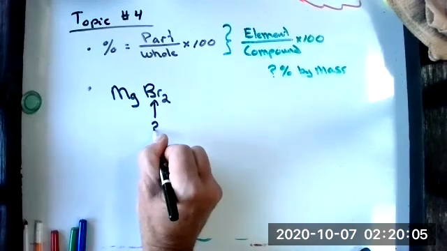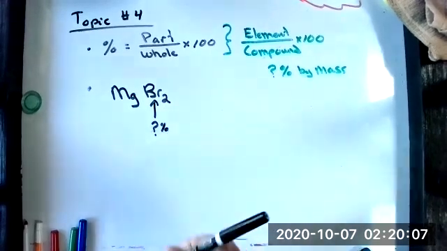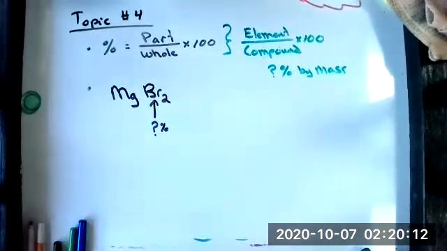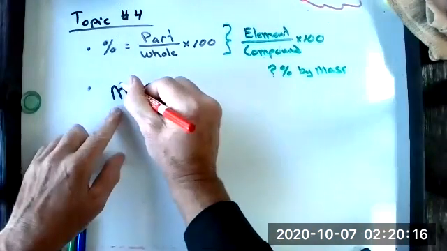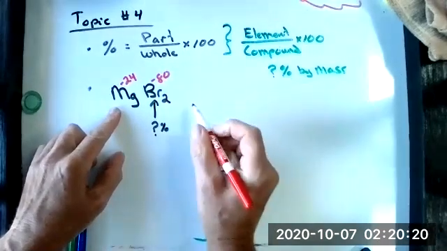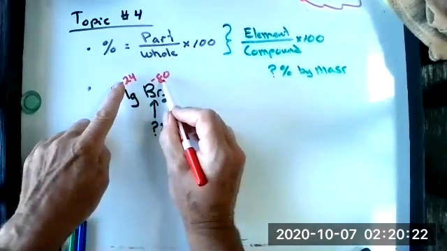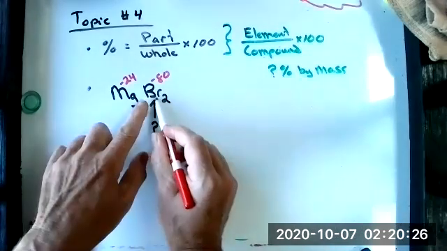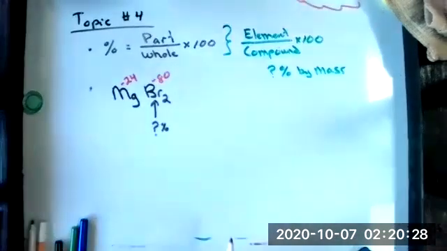Let's pick the percent of bromine. Now, I want this to go fast, so I am going to give you the red numbers for magnesium and bromine to save you time. His red number is 24, and his red number is 80. Okay, with the red numbers provided, quickly find the percent of bromine in magnesium bromide.